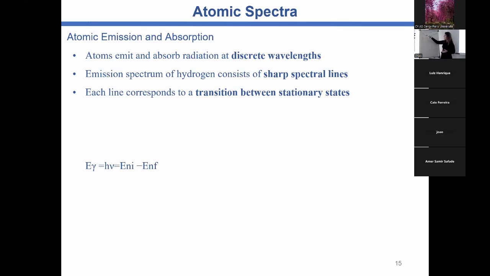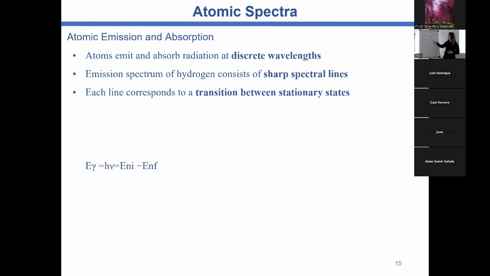So if there is no coupling between the electron and the geometry of the system, the energy of creation will be the same energy as the release of this photon.